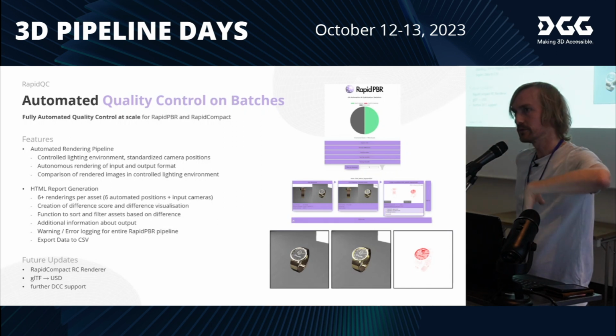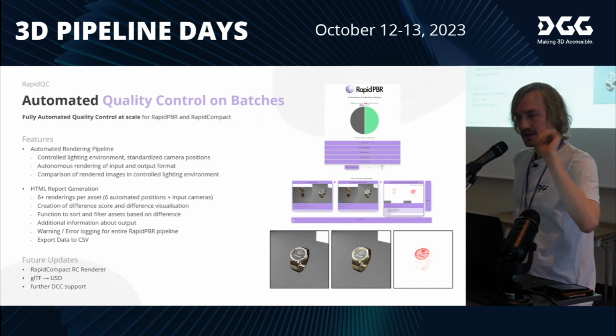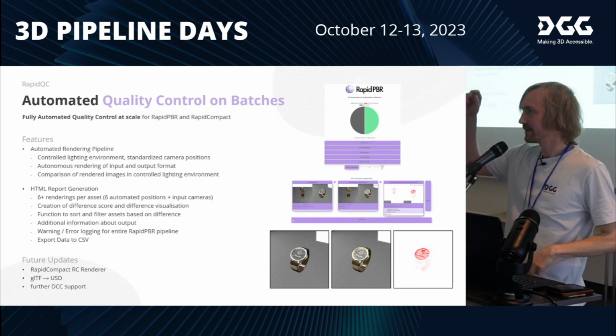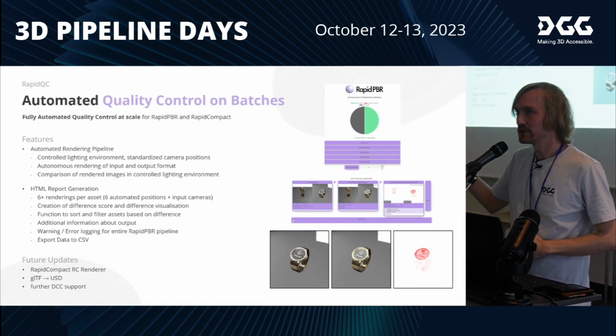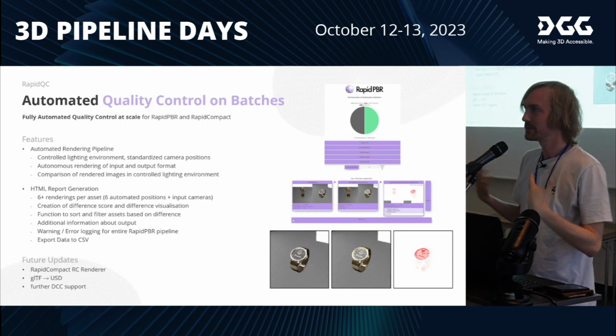So if you run it for a huge batch, you get this HTML report. You can look into every single asset in a side-by-side comparison, and ultimately export a CSV file that saves your annotations, so that we just reduce the time that is needed to review these batches. It helps also us to learn.